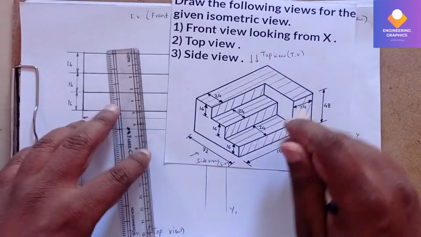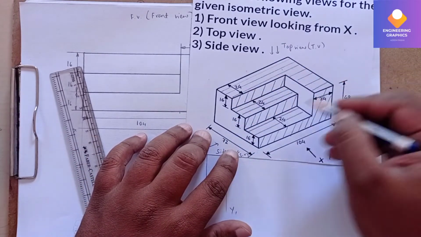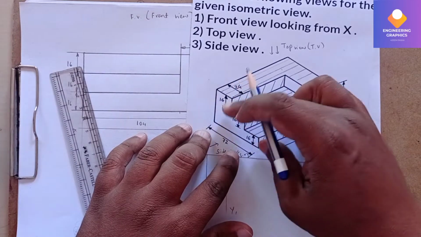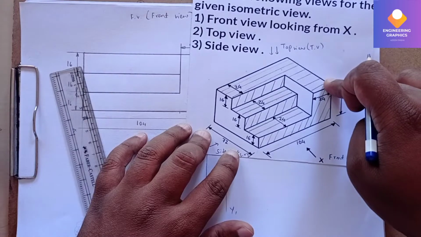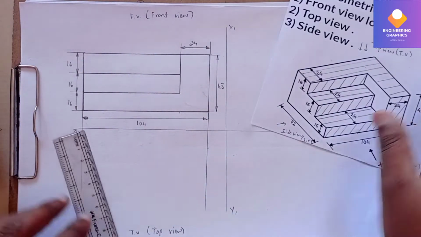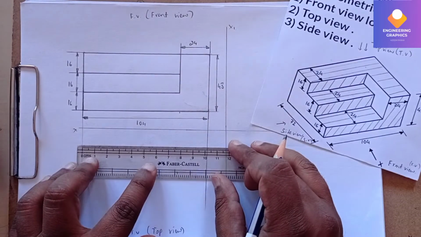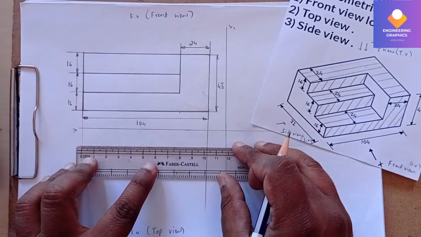You can see it is having a length of 104, and then it is having a width of 72. 104 by 72 we should construct a rectangle here. First I will construct that 104, and then I will take 72. So 104 we already have it here, so you can just draw a line.